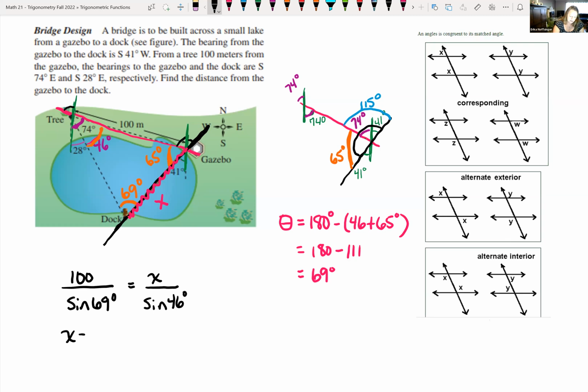So X, if we multiply both sides by sine of 46 degrees, is 100 sine of 46 degrees, all over sine of 69 degrees.